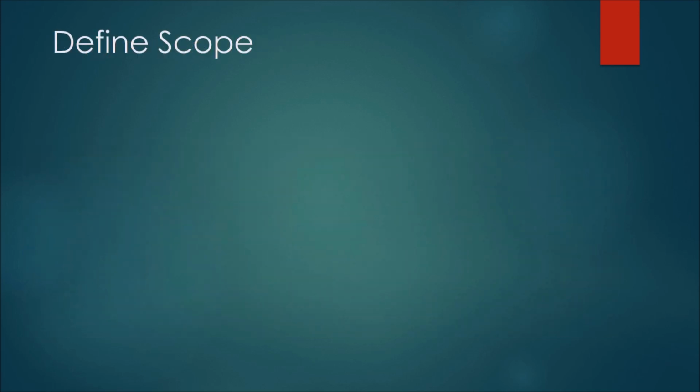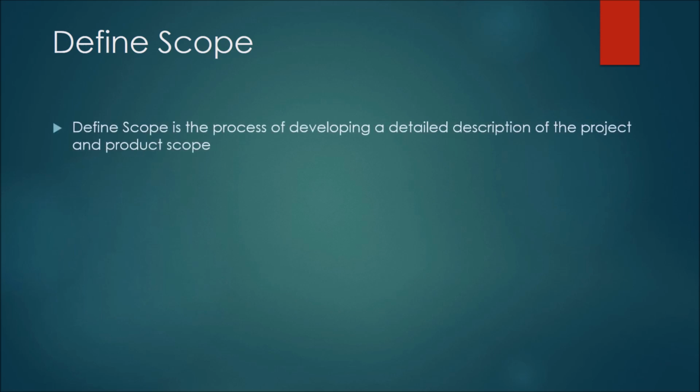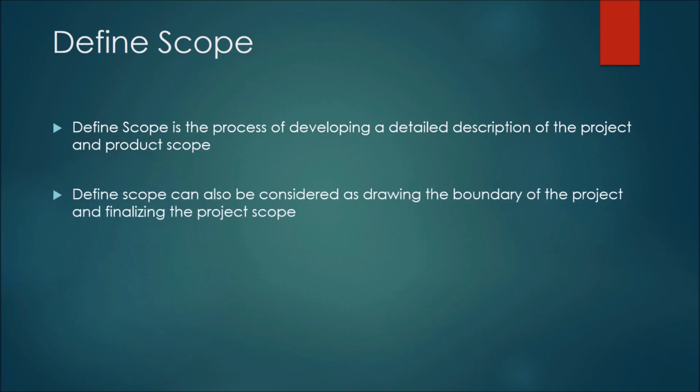So let's take a quick look at the definition. Define scope is the process of developing a detailed description of the project and product scope. So not just the product scope, the project scope will also be defined as part of this process. It can also be considered as drawing the boundary of the project and finalizing the project scope.